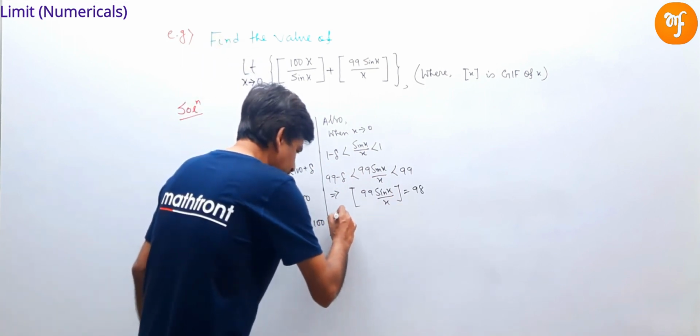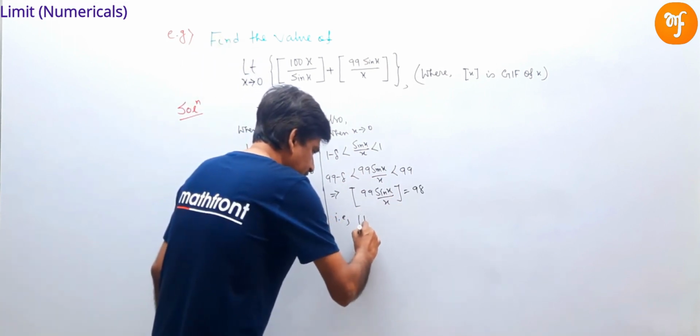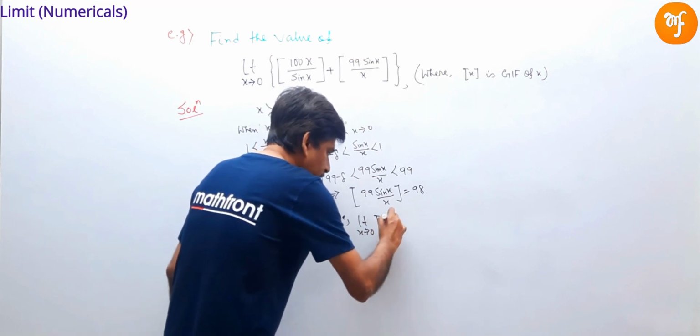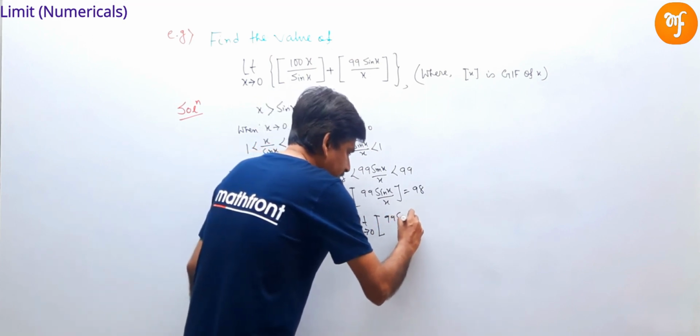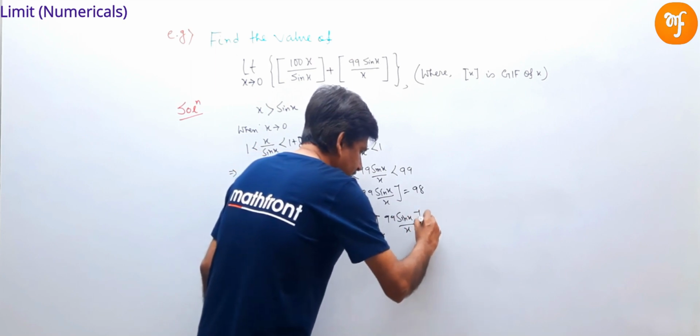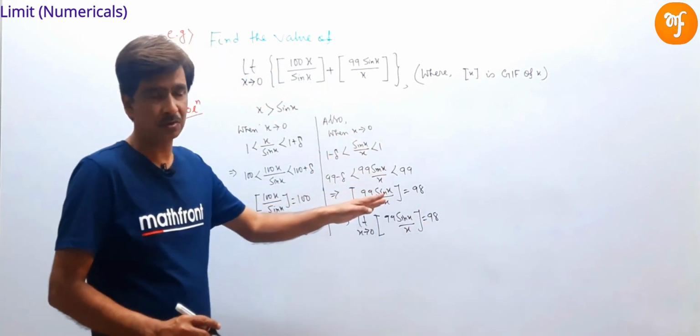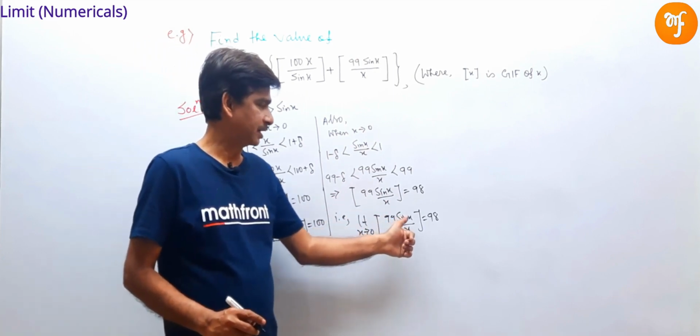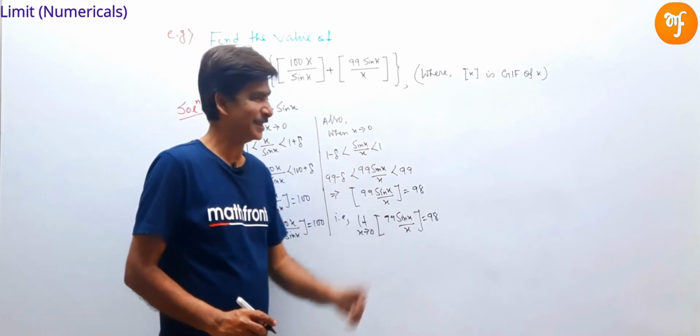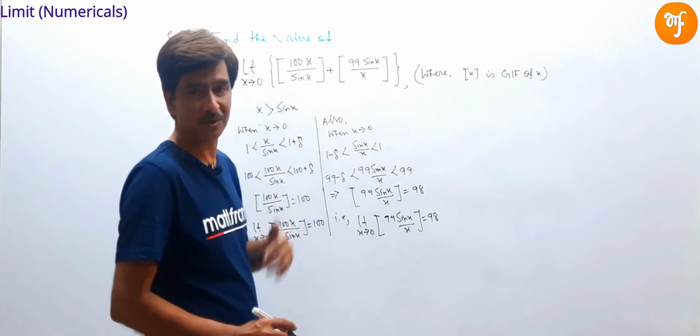So limit x tends to 0, box of 99 sin x divided by x is equal to 98. So what is our required result?